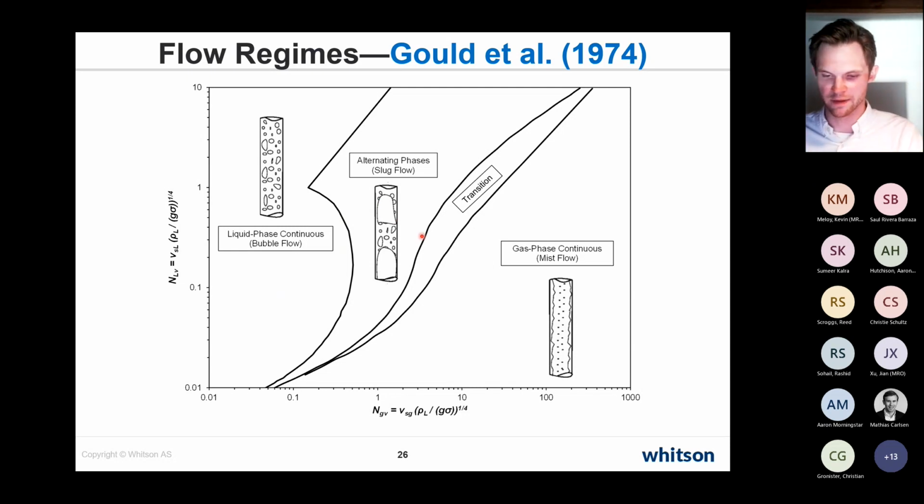So there are sort of slugs of liquid and gas going up the well. And as we approach low liquid rates, low liquid velocities, high gas velocities, we're more into where the gas phase is continuous and the liquid is sort of lifted out of the well as droplets and to some extent also just adhering to the pipe wall.